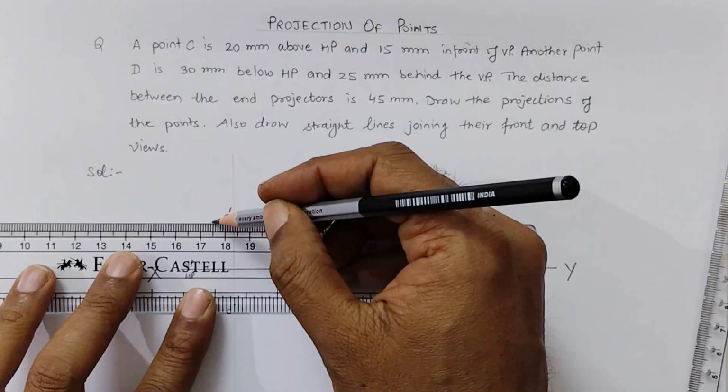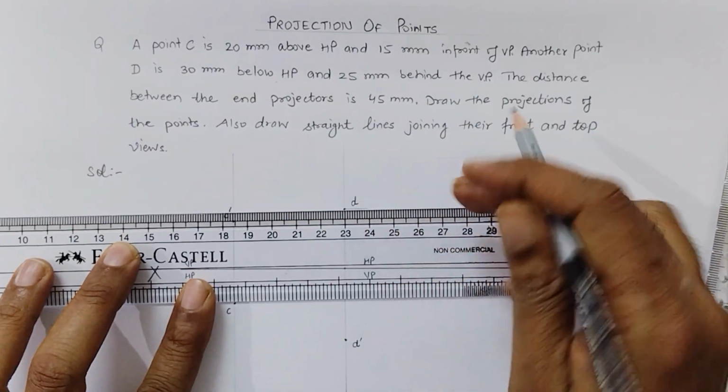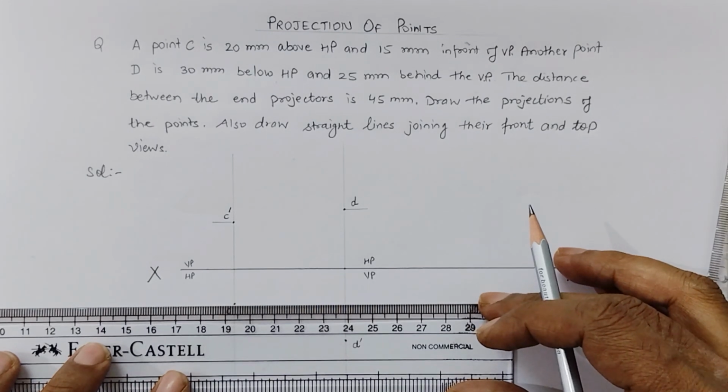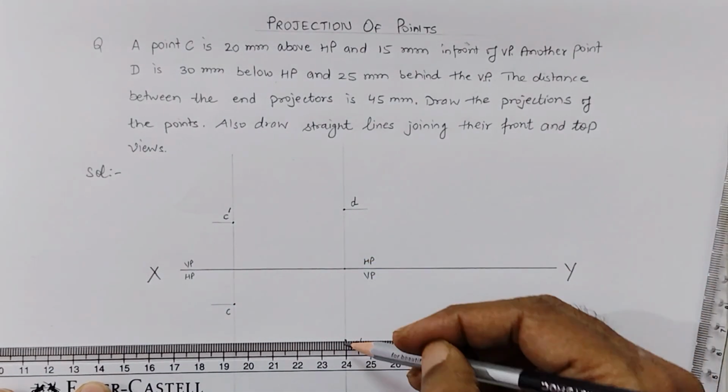For that sake, we have to draw an extension line to draw the projection, to dimension this distance.